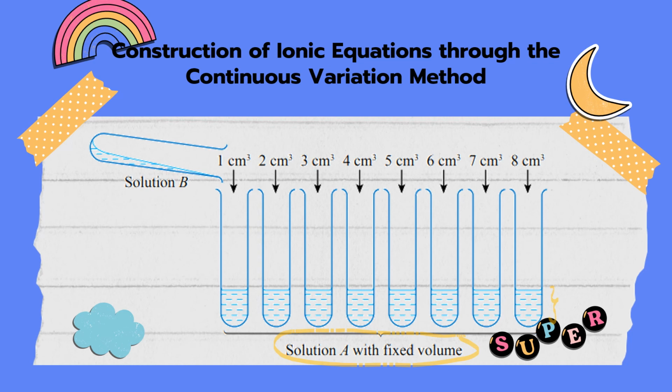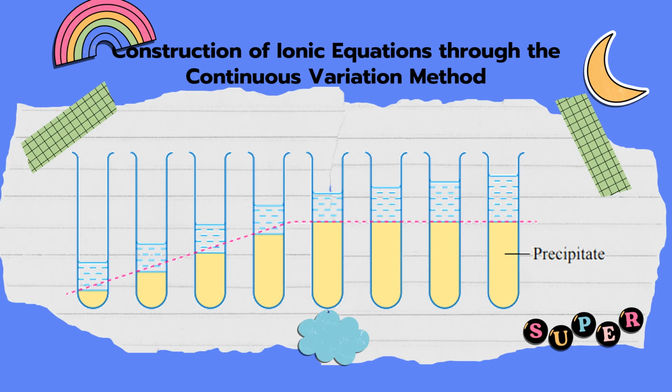And then another solution, let's say solution B, is added to solution A by increasing the volume as shown here. In test tube 1, we use 1 cm³, test tube 2, 2 cm³, test tube 3, and so on until test tube 8, 8 cm³. And then what is our observation?